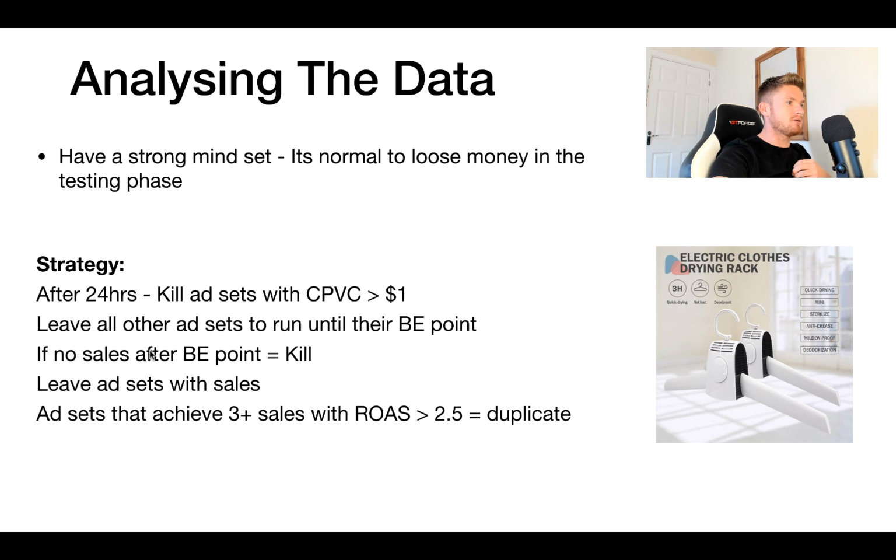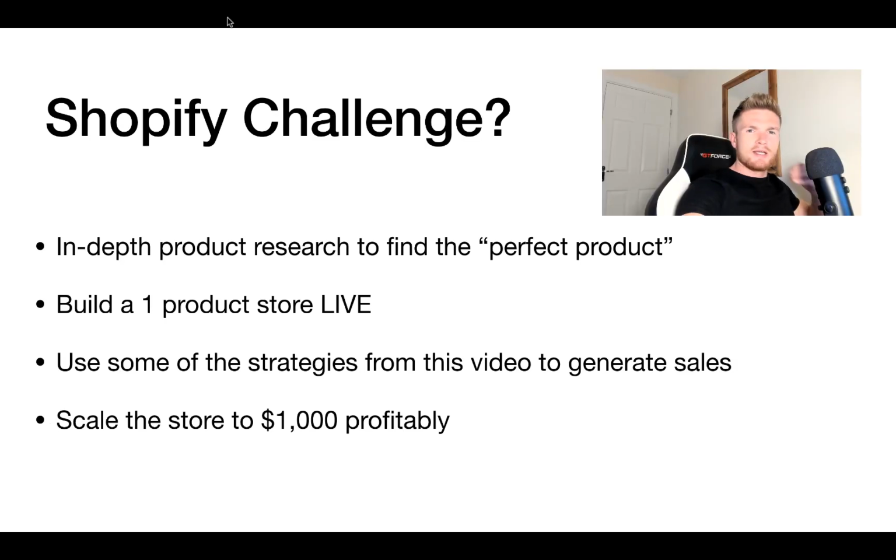Then you want to leave ad sets with sales, and ad sets that achieve 3+ sales consistently with a ROAS of greater than 2.5. These are generally a sign of a winning ad set, and you want to duplicate these multiple times to really scale things up. And then you can look at increasing budget on profitable ad sets as well to scale up your winning ad sets.